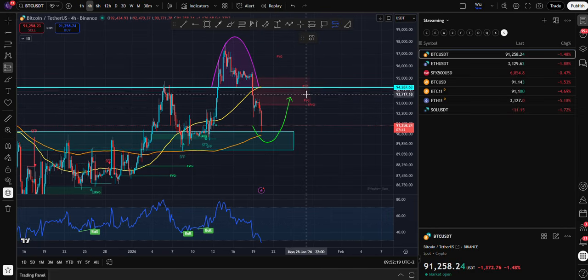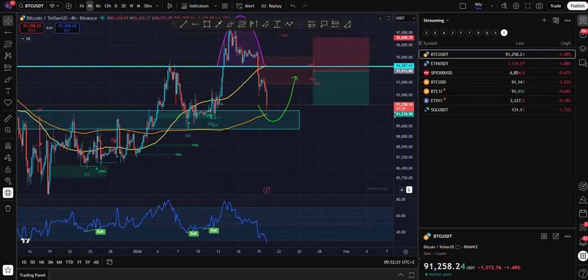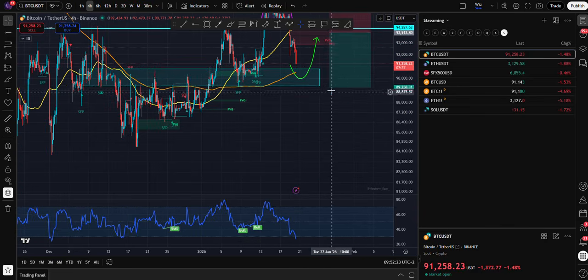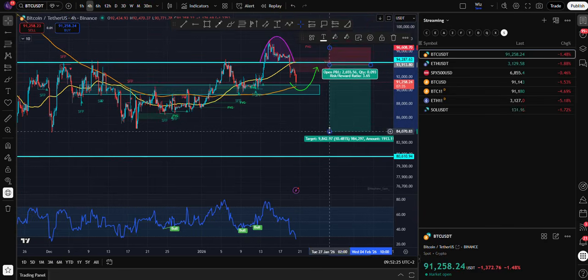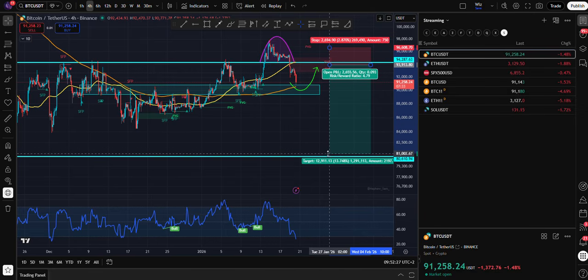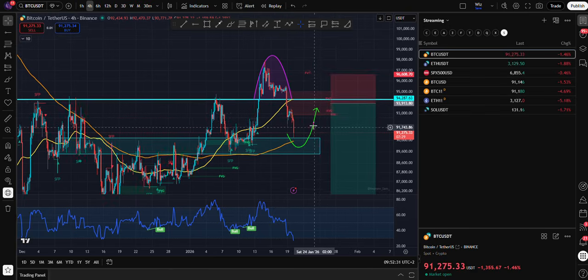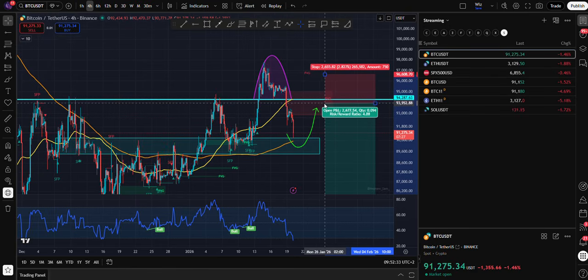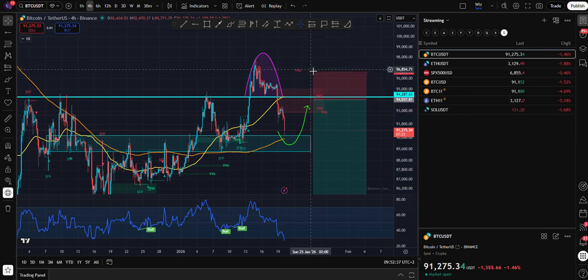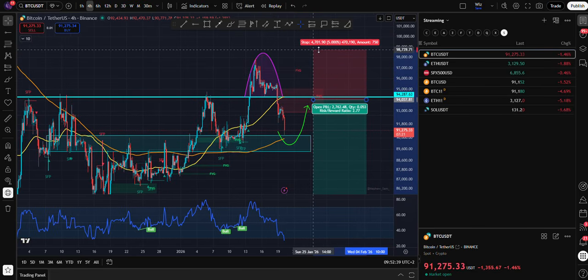If I was to trade it, I would do something like this, aiming for range lows, 81K. This is a swing trade, so this needs to have wide stops.